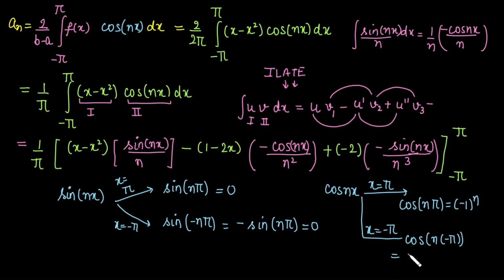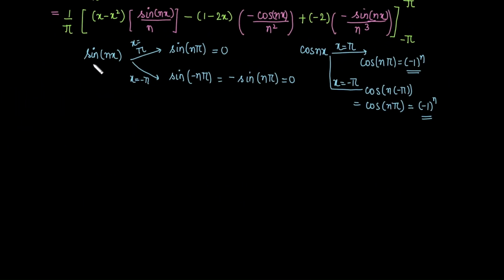So this is equal to cos of n pi, because cos of minus theta is equal to cos theta. So we can write this as minus 1 raised to power n. So from here we know that sin nx at upper limit and lower limit is getting 0. So we can directly write this is equal to 0.